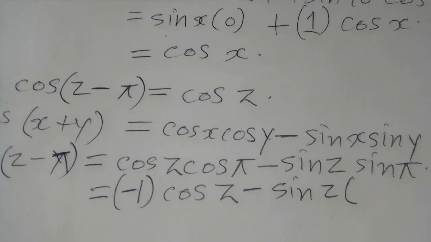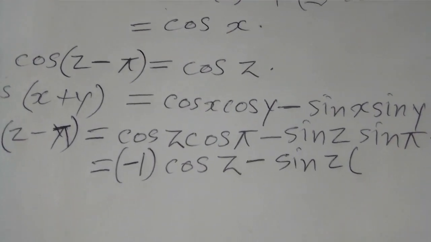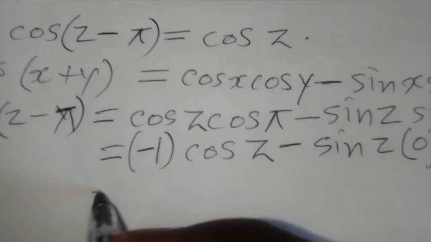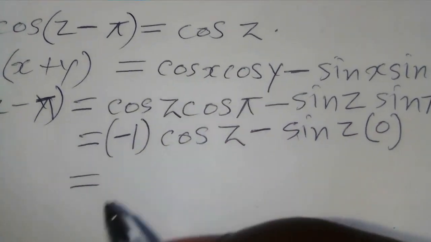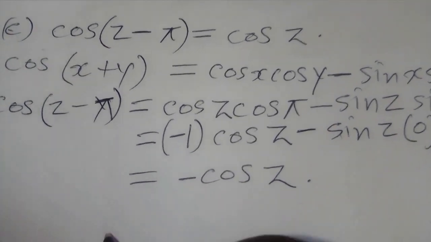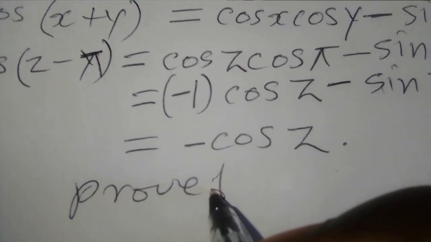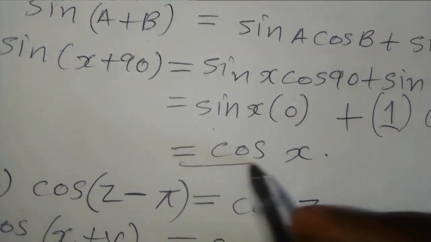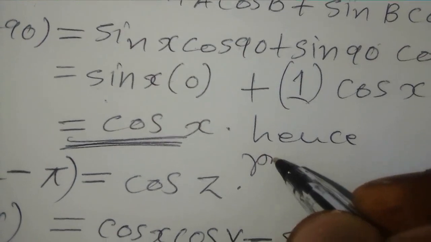Sine pi is just the same as sine 180, which is equal to 0. So when you multiply this times that, you get a 0. So we remain our answer to be cos z. Hence proved.